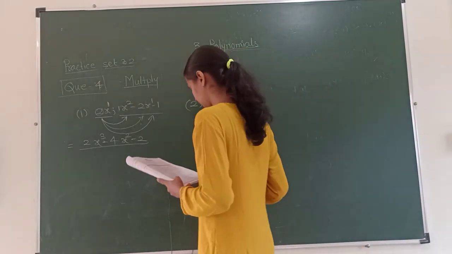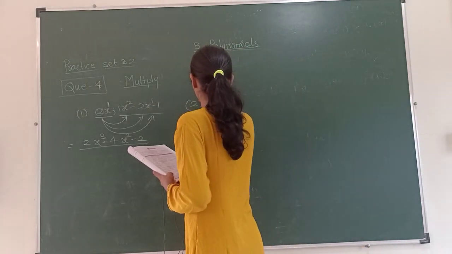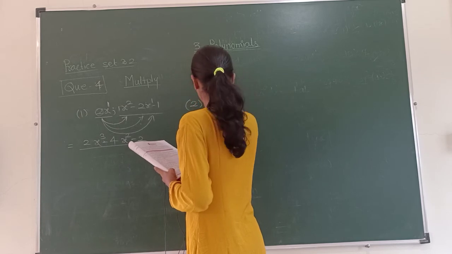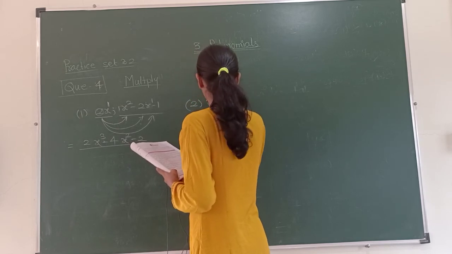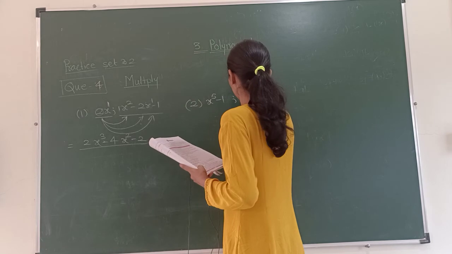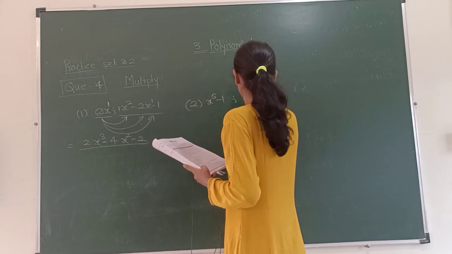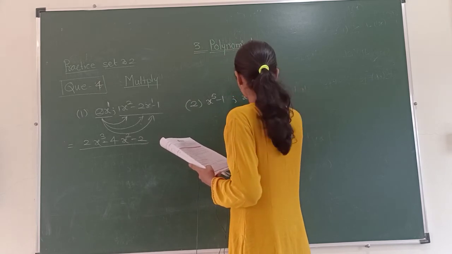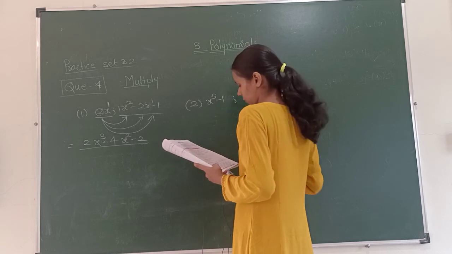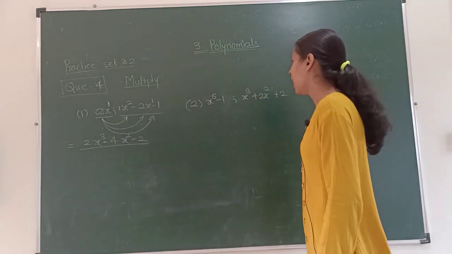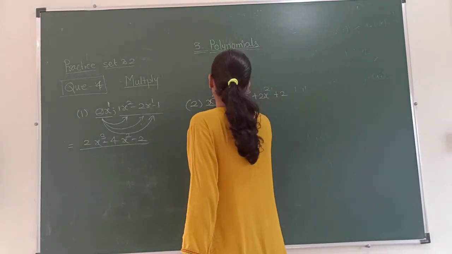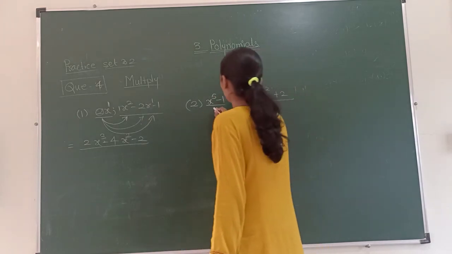Now the second is x raised to 5 minus 1. This is the first polynomial, and x raised to 3 plus 2x raised to 2 plus 2 is the second polynomial. How will we solve this? This is the first polynomial, this is the second polynomial.